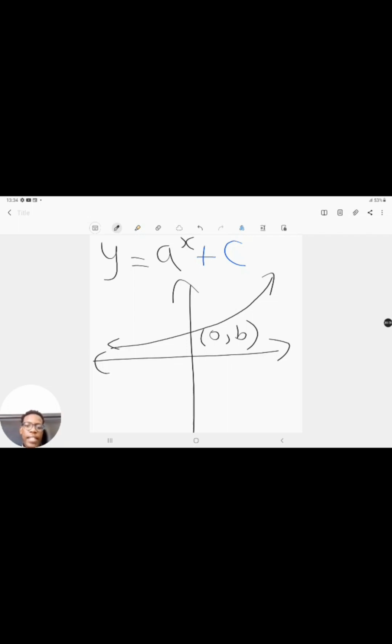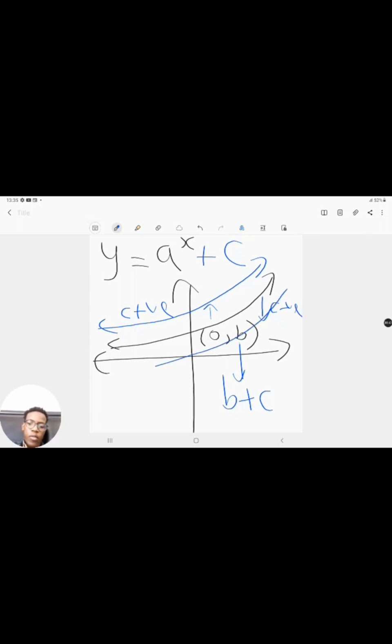Now, as soon as you add c, that b there is going to be b plus c, and that's going to be your new y-intercept. Either your graph is going to move up if c is positive, or it's going to move down if c is negative.